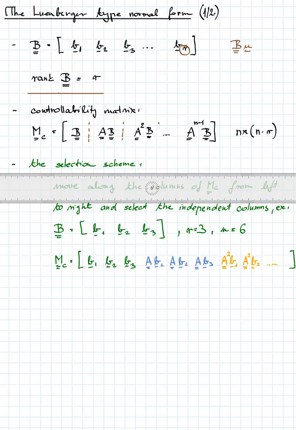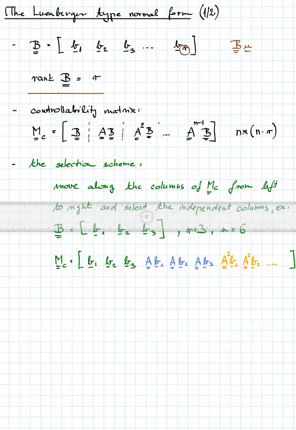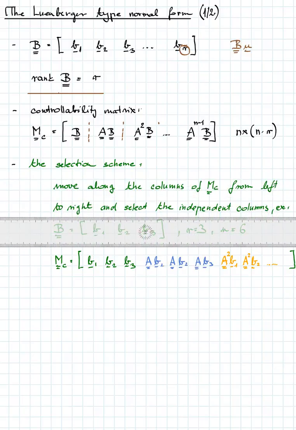The next step is the so-called selection scheme. It's a very important step of the Luenberger type normal form. What is the selection scheme? If we have got the controllability matrix, we have to move along the columns of MC from left to right, and we have to select the independent columns.